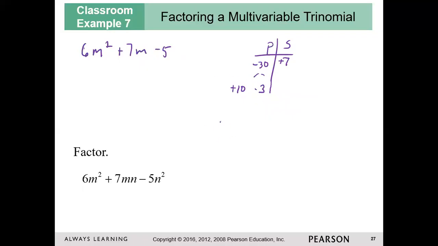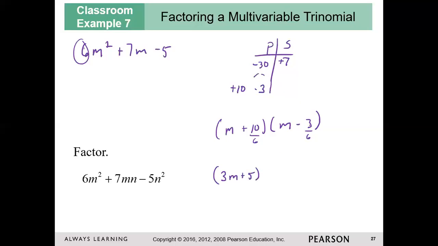So I'll just use my other method, which is going to be m plus 10, m minus 3, and I'm going to scale it back down by 6 because again, our A value is 6. So scale it back down, which is going to be, again, these are both divisible by 2. So that will be 3m plus 5.